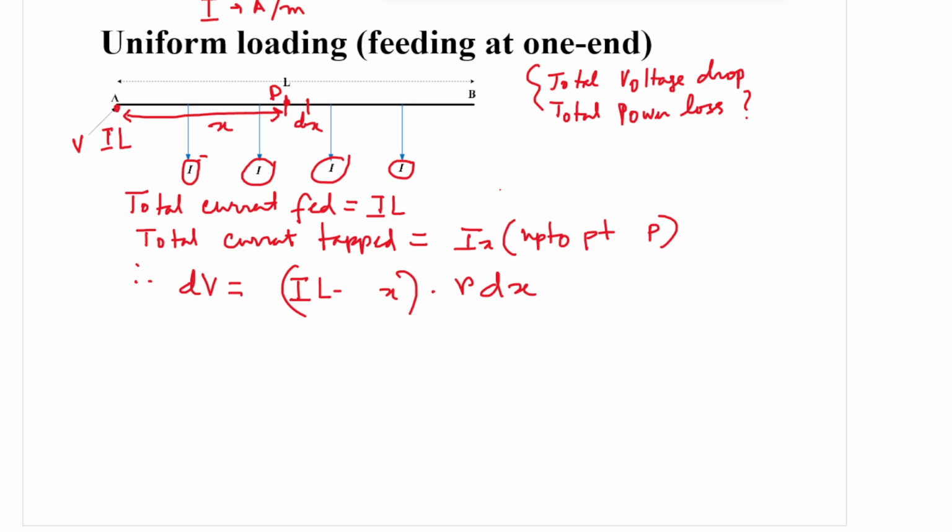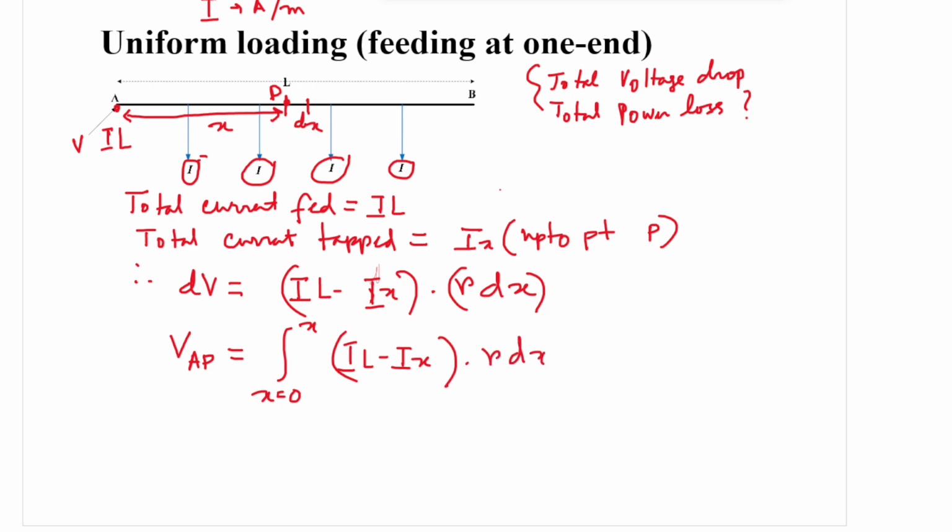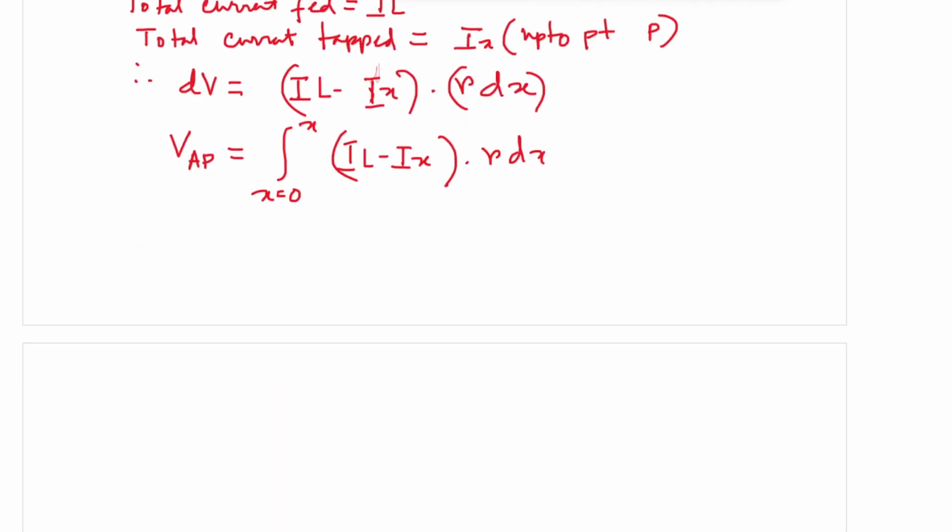So what will be the voltage drop up to point P, VAP? You should integrate from 0 to x, (IL minus Ix) into R dx. So let us evaluate one by one.